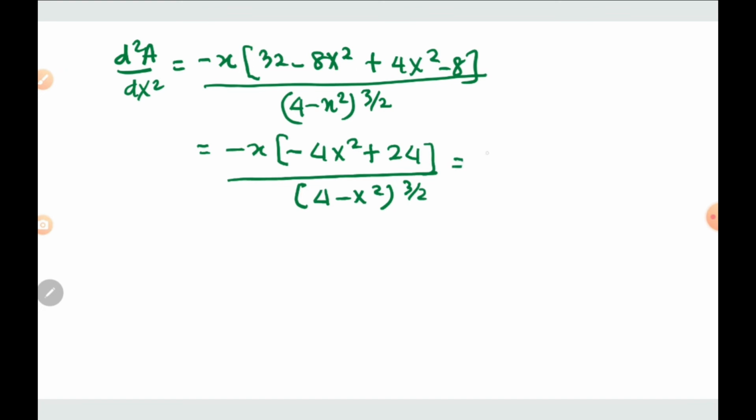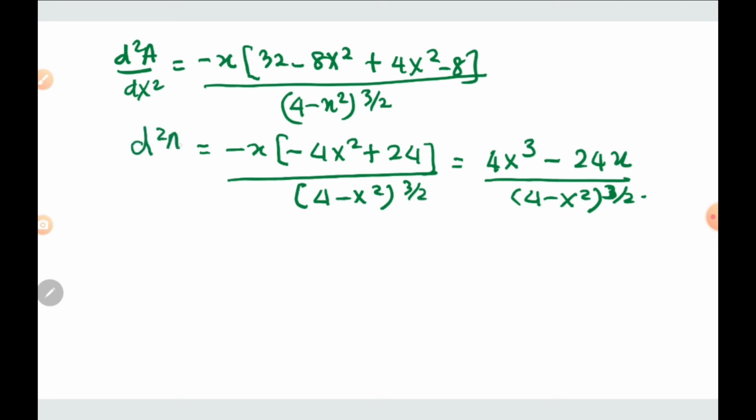Or we expand, we will get 4x cubed minus 24x over (4 minus x squared) to the power of 3 over 2. Okay, so this is the second derivative of A with respect to x.